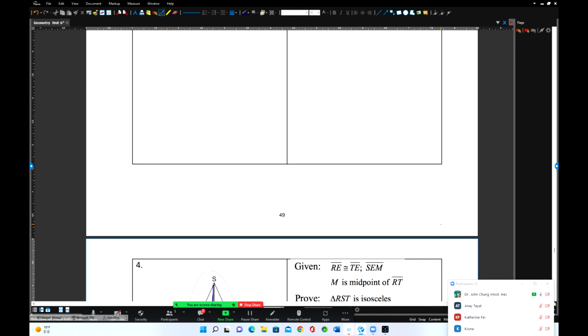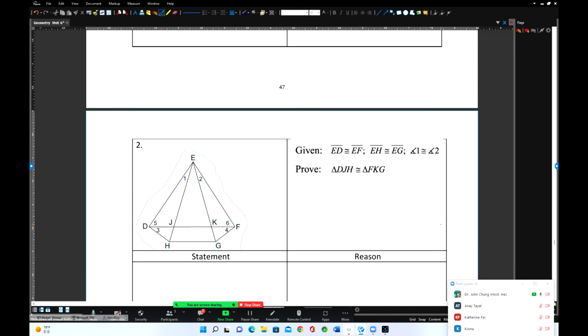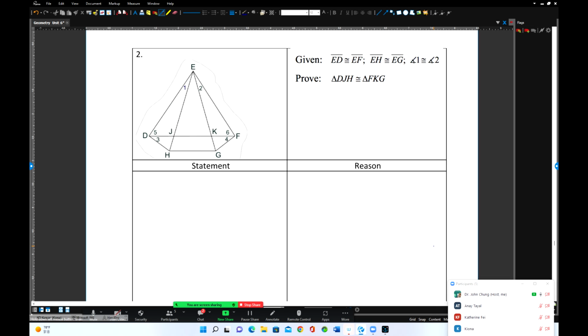We're going to go right there. The hardest one looks like the hardest one here, number 2. ED is congruent to EF, these 2 sides, and EH is congruent to EZ, this longer side is congruent to EZ, that's the given.